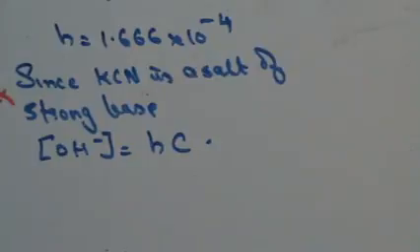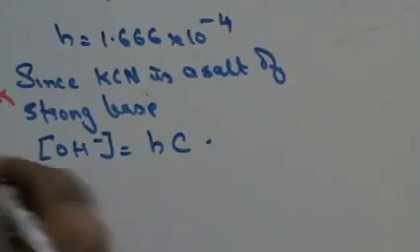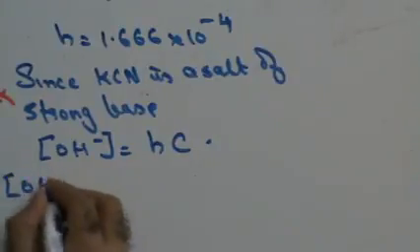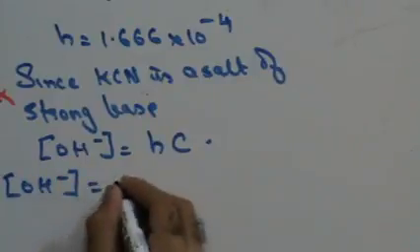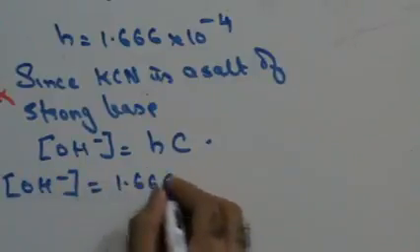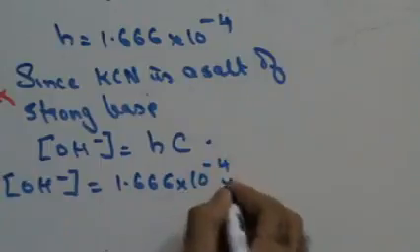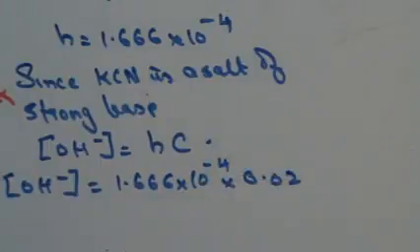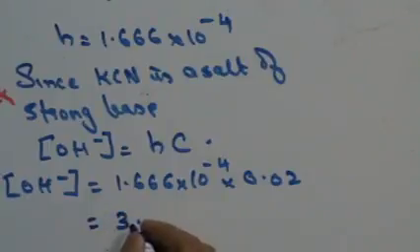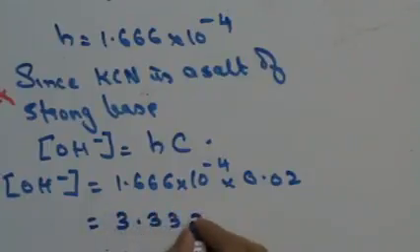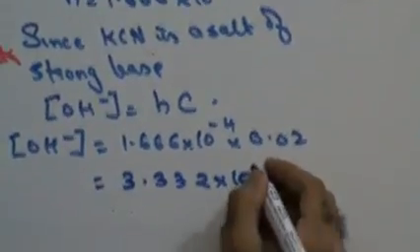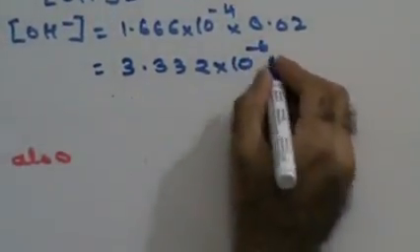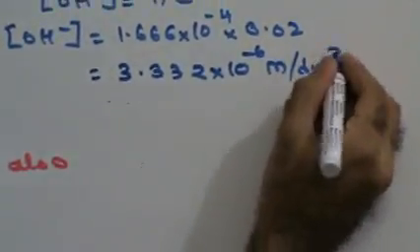Therefore the hydroxyl ion concentration is h, 1.666 into 10 raised to minus 4, into 0.02. When you solve this, it will be nothing but 3.332 into 10 raised to minus 6 moles per decimeter cube.